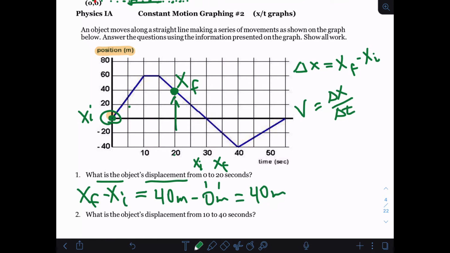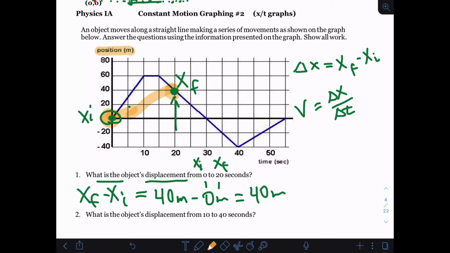Don't get confused by the fact that these 2 points here at 0 and at 20 don't occur on the curve. That's not necessary. Between any 2 points, we just want to know how far apart is the object between its final and initial position that they're asking you about.